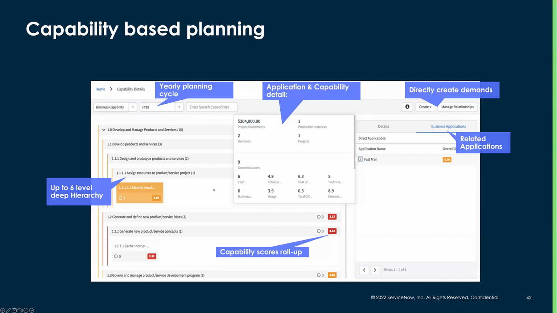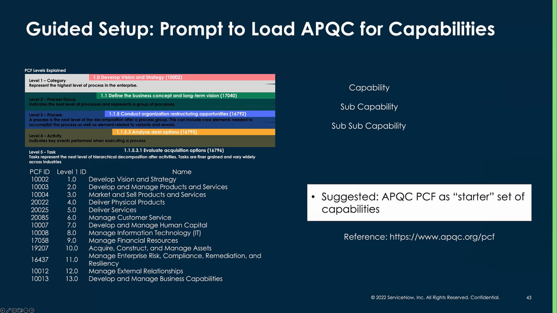One of the most popular ways that people will start with their capability model is going to APQC. APQC is a nonprofit organization that specializes in advising various industries on industry process, giving standardized industry process.